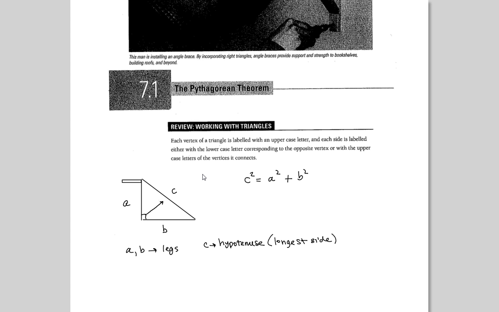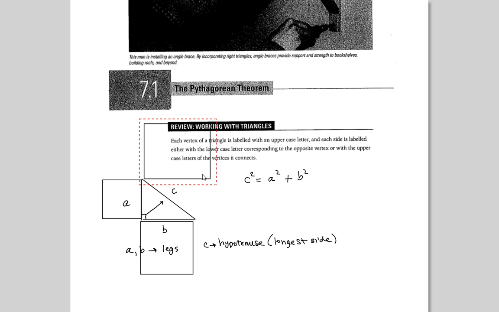If you took the square of size A and the square of size B, and if you added up those two areas, you would get the square of size C, which looks like that.